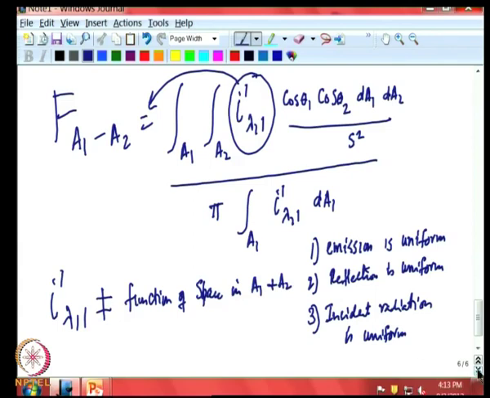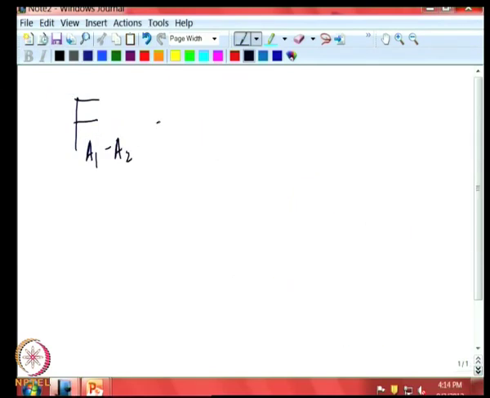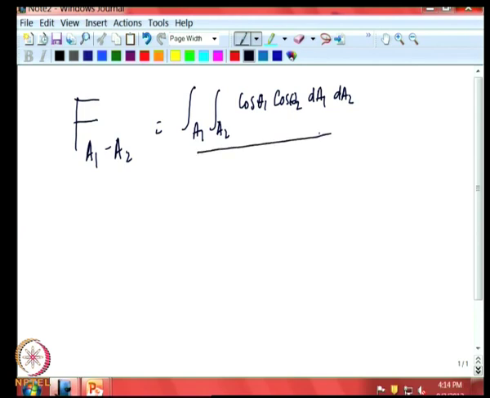So you must remember this condition. Finally, once you remove the I prime lambda, we get F A1 A2 equals the integral over A1 and A2 of cos theta 1 cos theta 2 dA1 dA2, with S square in the denominator, divided by pi A1.